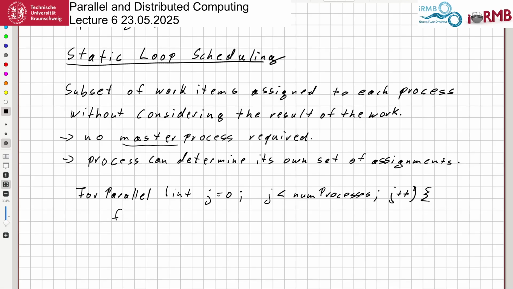And then inside this, you still have a loop that deals with your particular share. So let's have j: you start with j times n divided by the number of processes.